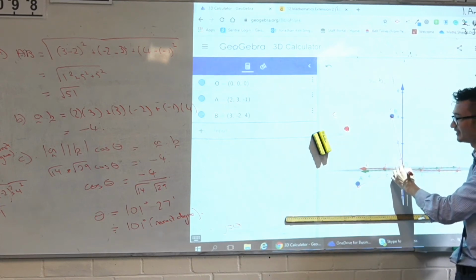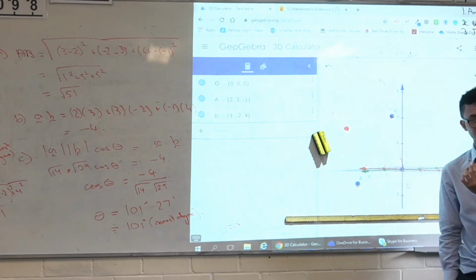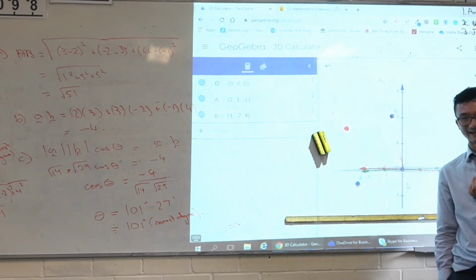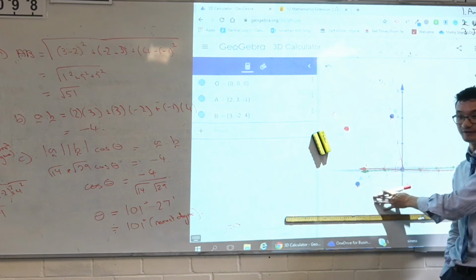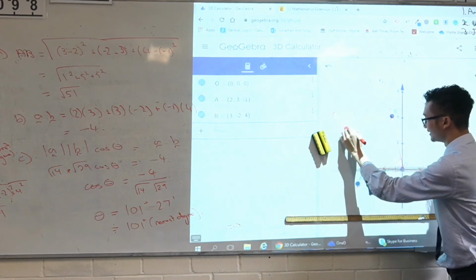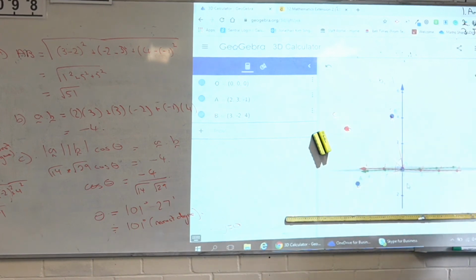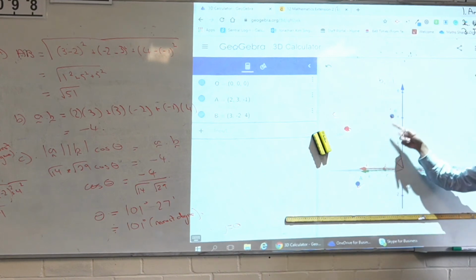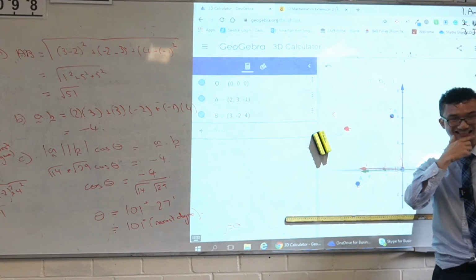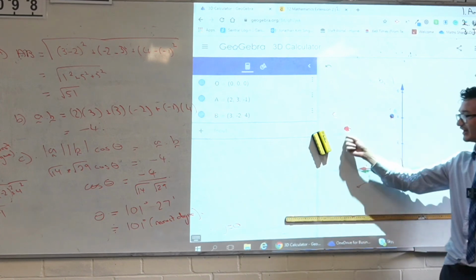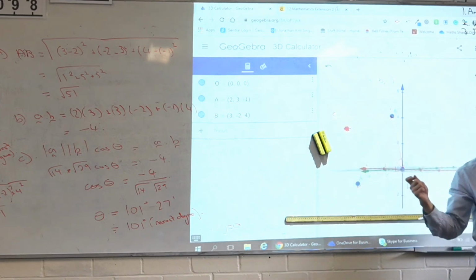Yeah, B plus A, if you think about it, in extension 1 we learned the parallelogram rule. Another application of that, which can be applied to 3D, is that the vector C here is defined geometrically by taking vector A plus vector B, and we create that diagonal of the parallelogram. The diagonal of this parallelogram is the vector that we're looking for, okay?